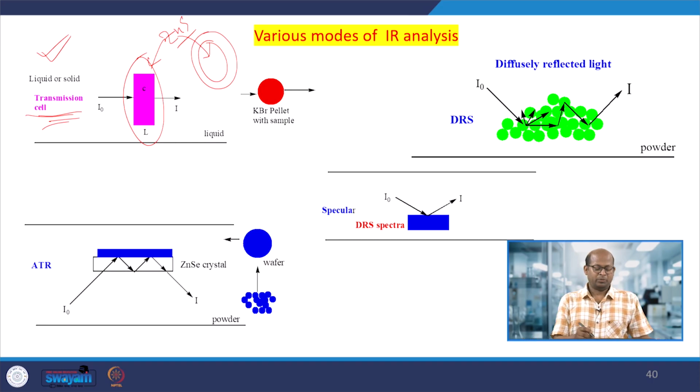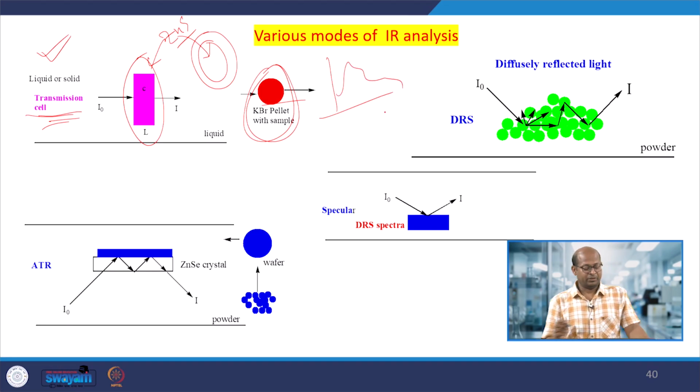Or we can make KBr pellets if the material is, let's say, solid powder, so we can mix it with KBr powder and make very thin pellets, and that we can place in between the IR source and detector, and then we can get the IR spectra.